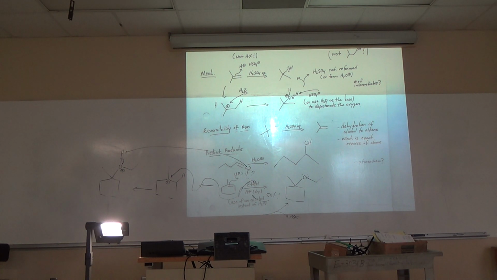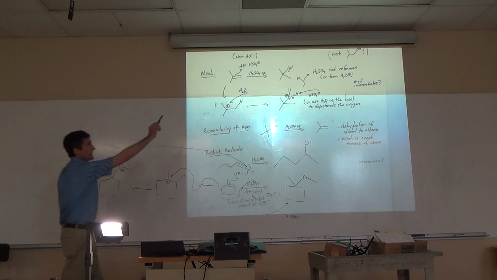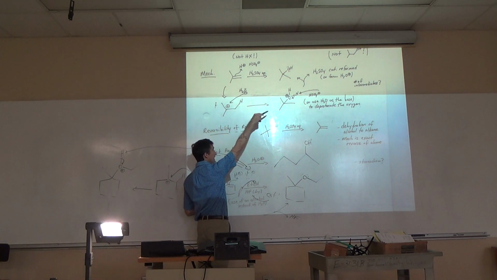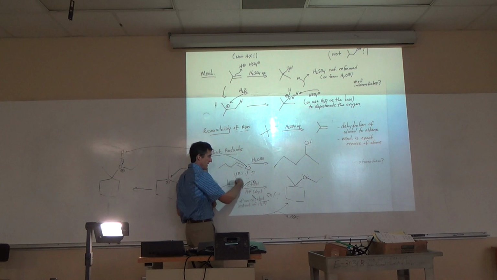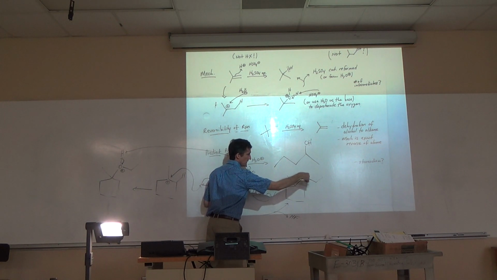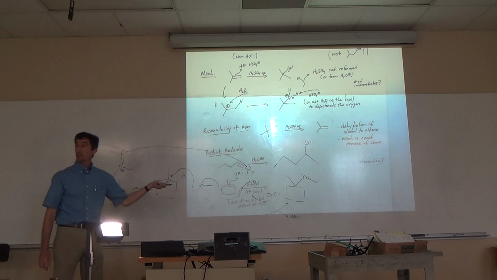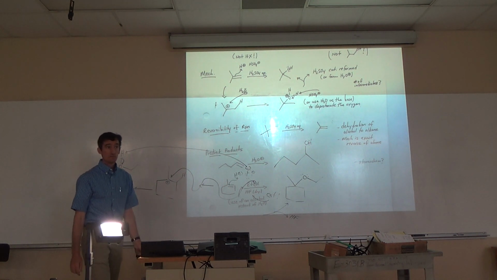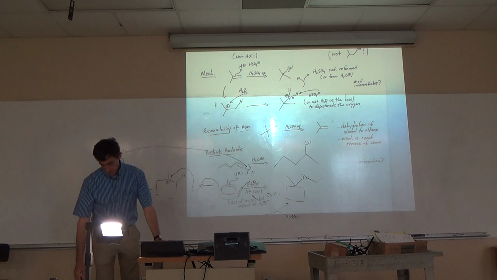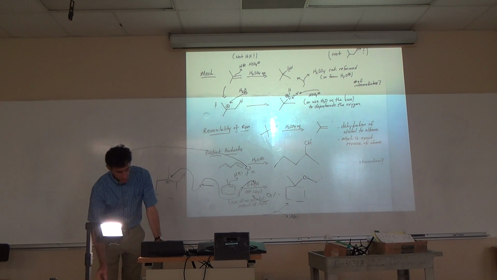We reacted with an alcohol. When you hydrate, you make an alcohol. When you add an alcohol, what did we make here? Actually, an ether. You know functional groups, you can tell that's an ether.